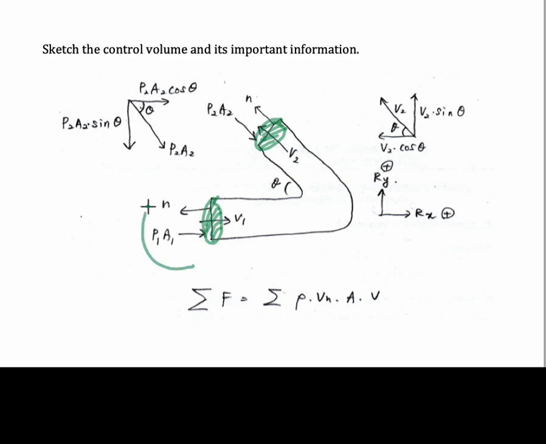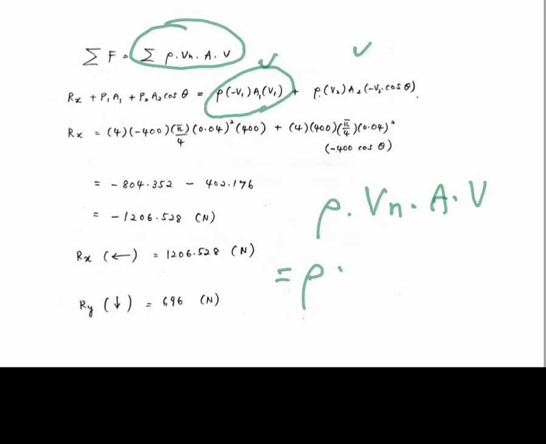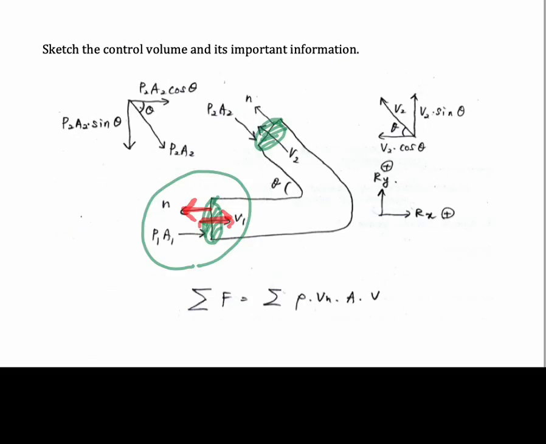So Vn means you just look back to this diagram. The velocity V1 here moves in the opposite direction to n, so we give it a negative sign, negative V1. We have A1 and we have V1. So V1 here is the velocity according to x direction. And then plus we add what happened at the outlet surface here.